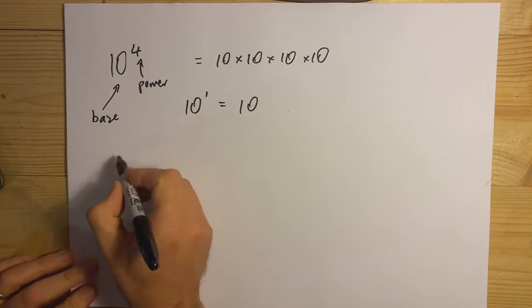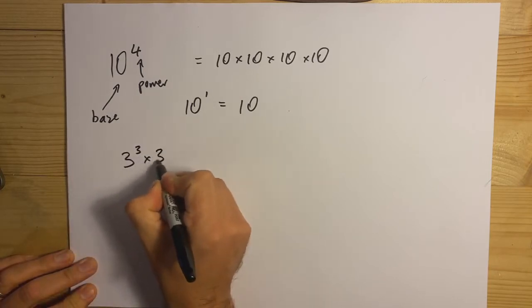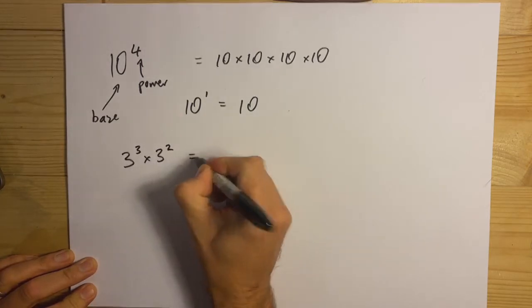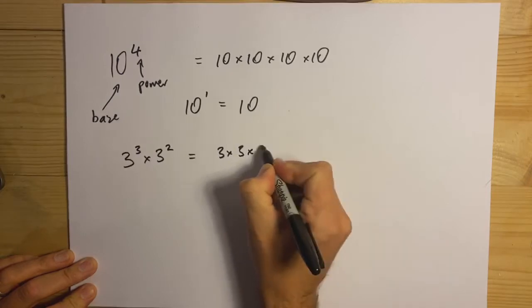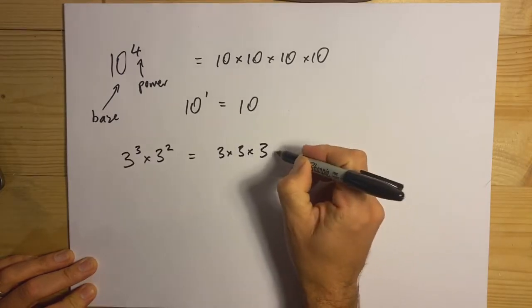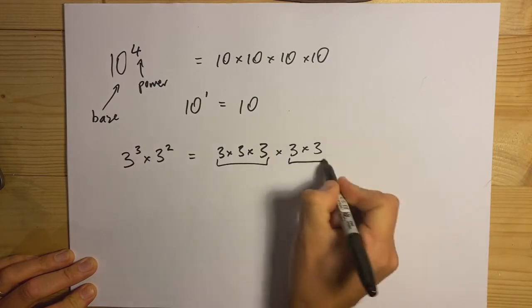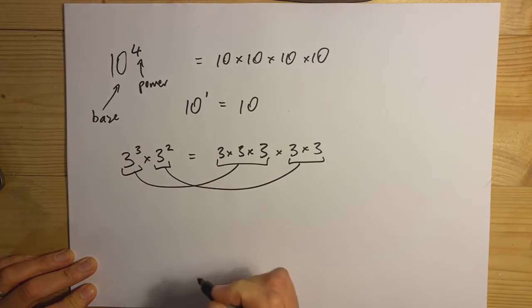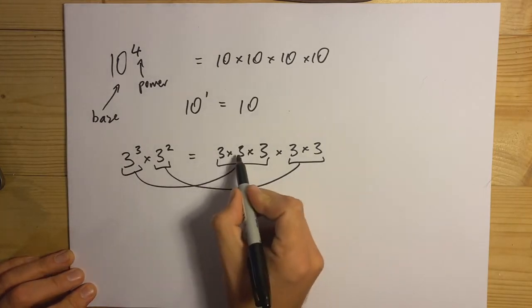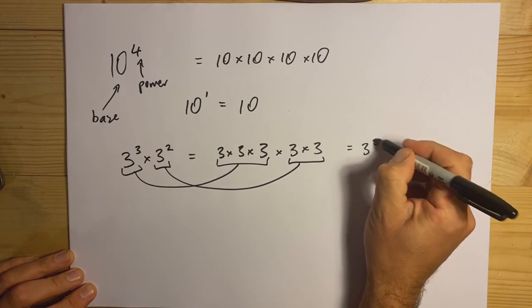So let's say we have 3 cubed times 3 squared. If we write that out longhand, that will be 3 times 3 times 3, which is 3 cubed, times 3 times 3, which is 3 squared. Okay, here's our 3 cubed, and then here's our 3 squared. Now we can see that there's 1, 2, 3, 4, 5 threes, so that's the same as saying 3 to the power 5.